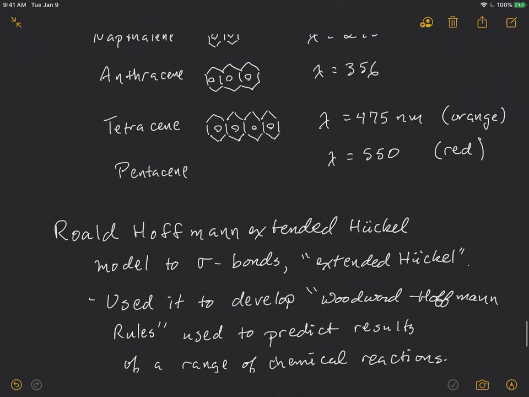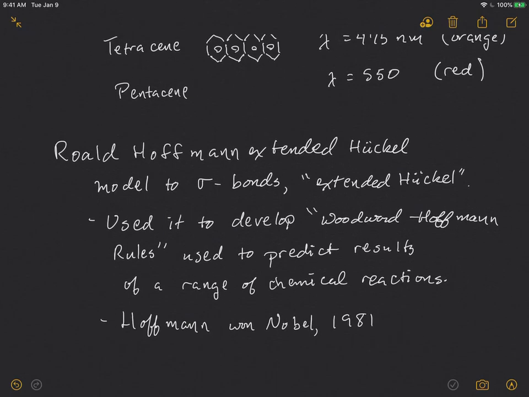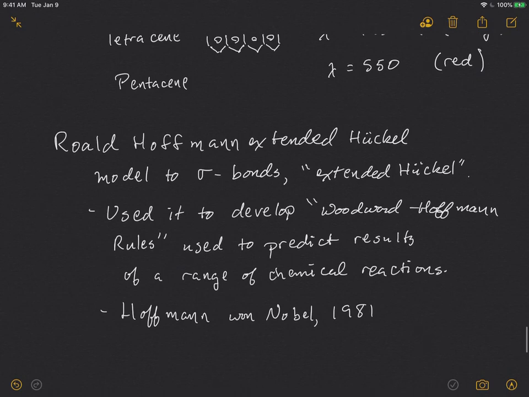A couple final notes on this Huckel model. Of course, we're going to use it to look at extended states in solids, but Roald Hoffmann's extended Huckel, actually including terms for various sigma bonds, is the so-called extended Huckel model, and he used that to make a lot of predictions about reactivity and reaction results for a range of chemical reactions involving cyclic or nearly cyclic species, or cyclization reactions, things like that.